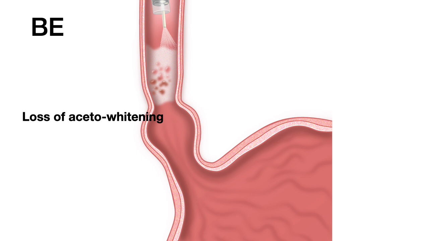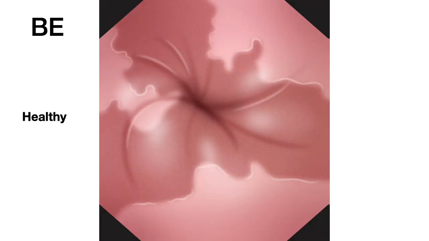So when we look at it on the endoscopy, here it's Barrett's epithelium. It looks healthy without neoplastic change or cancerous change. When I mean healthy, it doesn't show cancerous change.